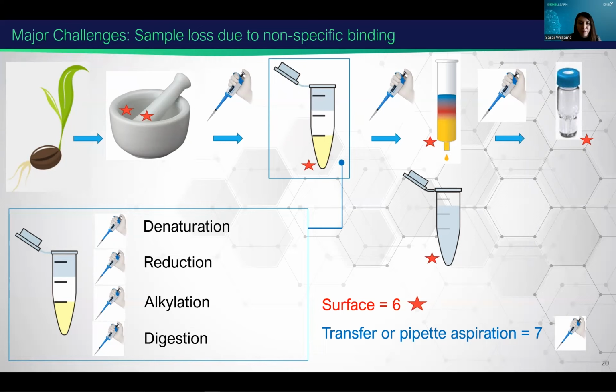Each star here represents sample loss that is connected to the surfaces of these vessels which hold our samples. And each micropipette here represents peptides or proteins that we are losing due to non-specific binding of pipette tips during aspiration and transferring.